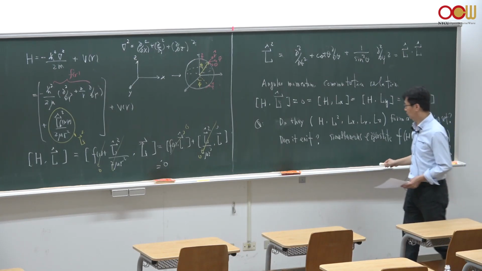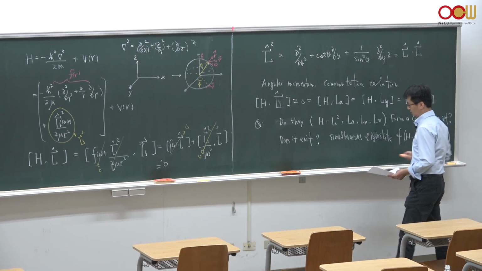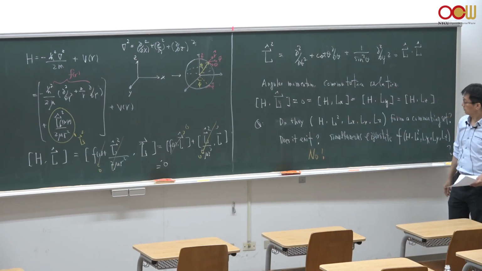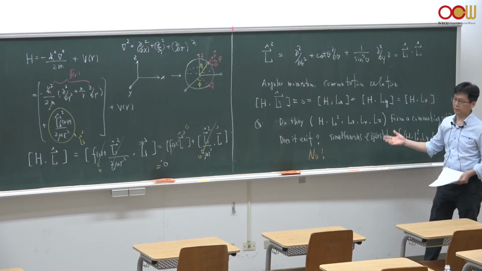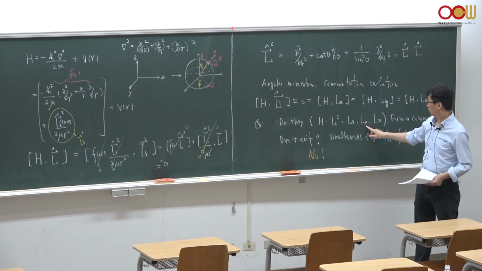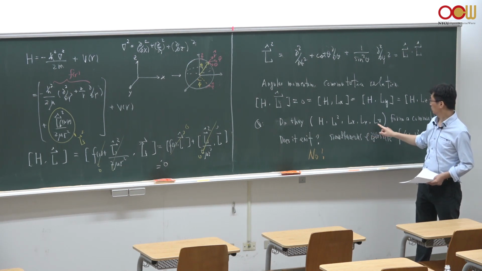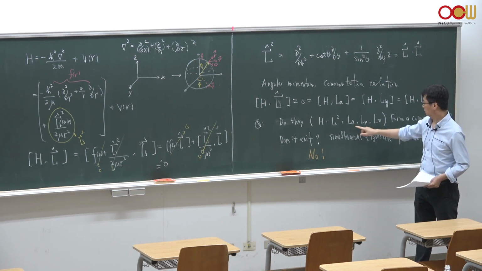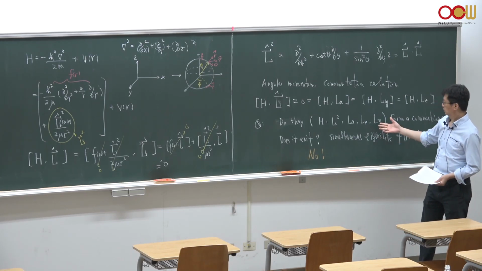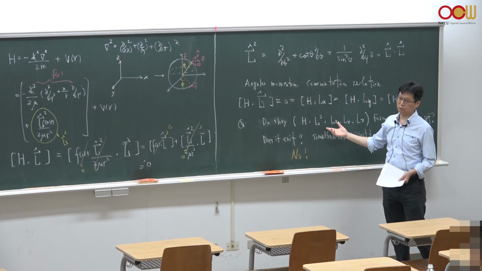Of course, the answer is no, because some of these operators do not commute with the others. We'll see later that Lx, Ly do not commute, Ly, Lz do not commute, Lz and Lx do not commute. In other words, this commuting set is too big.